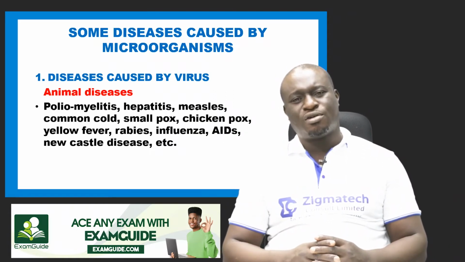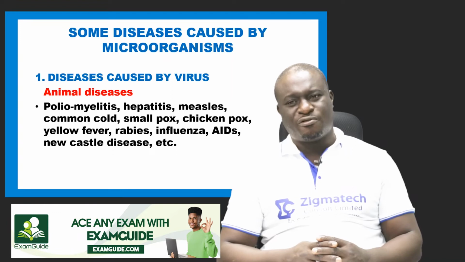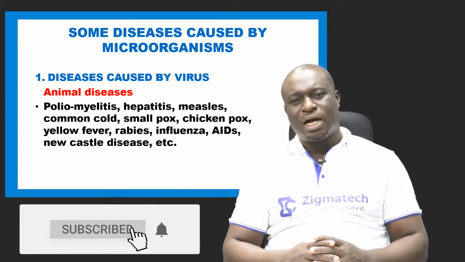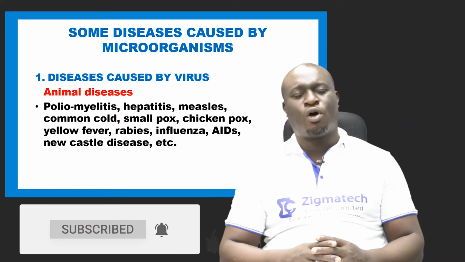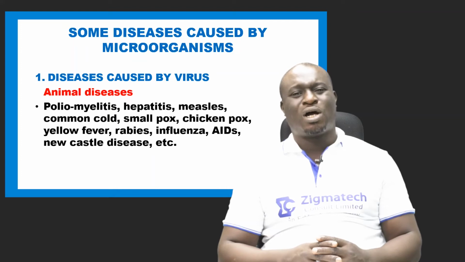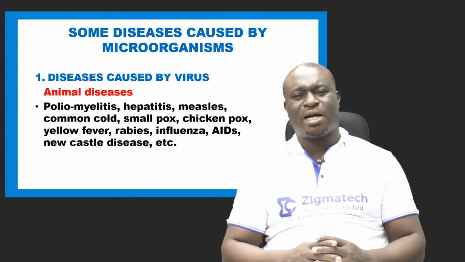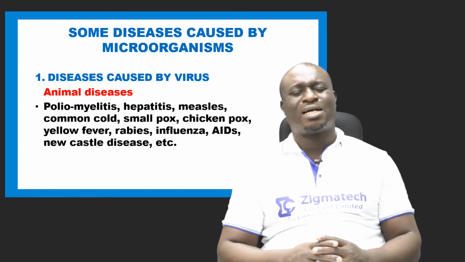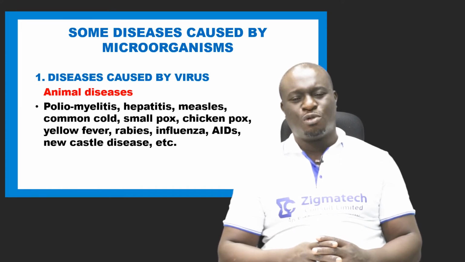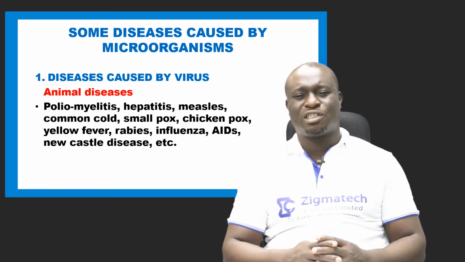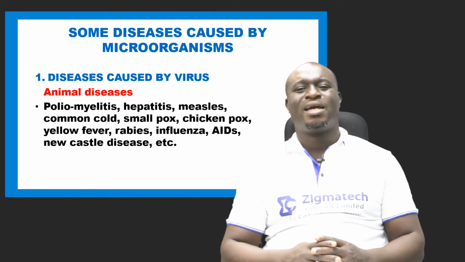Smallpox, in fact, all the pox, smallpox, monkeypox, cowpox, chickenpox, are all caused by virus. We also have yellow fever, influenza, Newcastle disease in most animals, and AIDS, that is acquired immune deficiency syndrome, all caused by a virus.